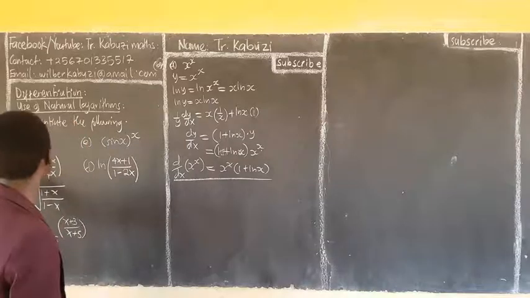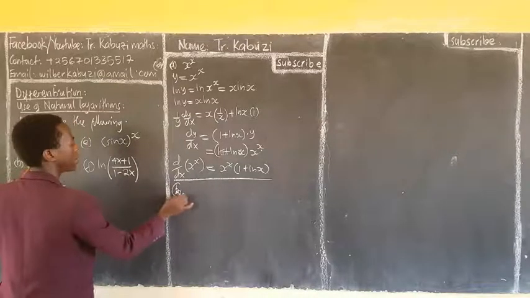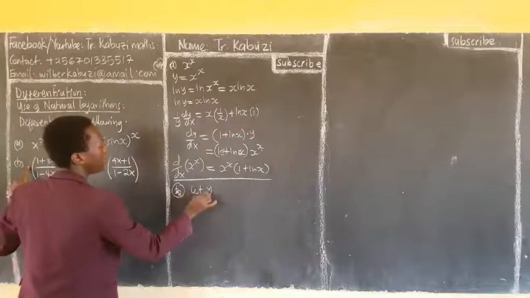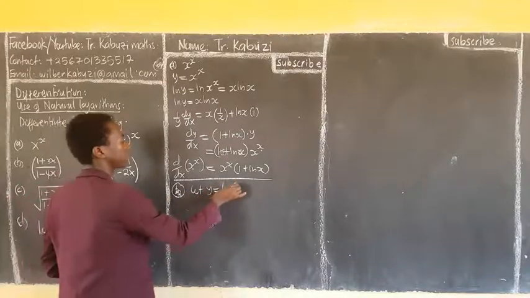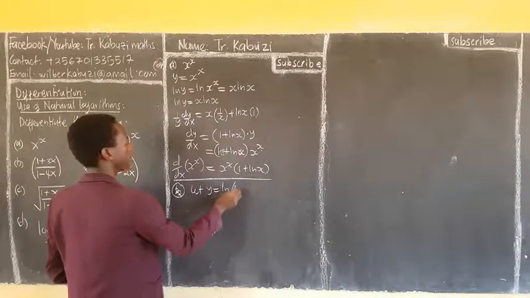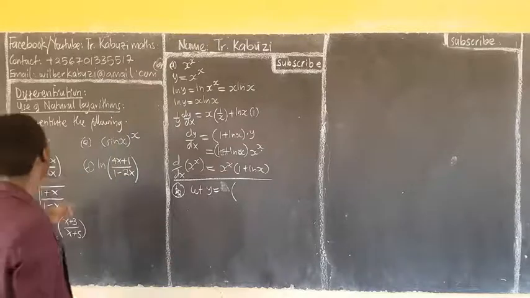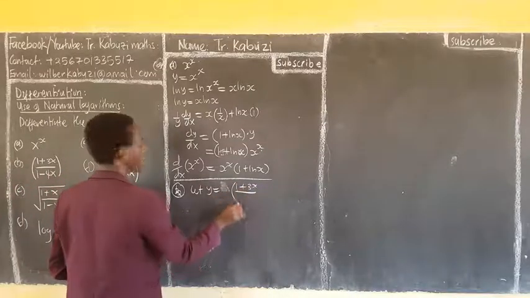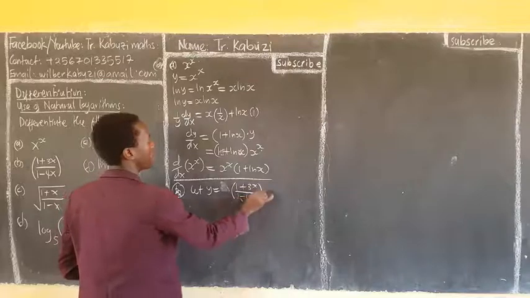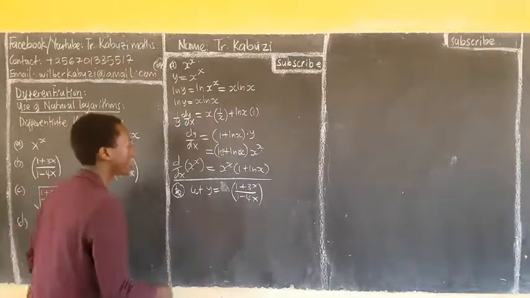If I come now to part B of number 2, I say, let y be 1 plus 3x over 1 minus 4x. From there, members, we introduce natural log.